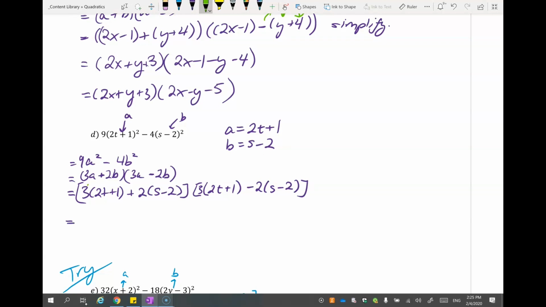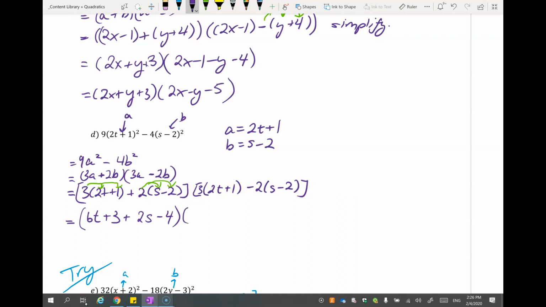We're going to multiply this 3 with the 2t and with the 1. And this 2 with the s, and that 2 with the -2, and so on. So we're going to have 6t, that's 3 times 2t is 6t, and then 3 times 1 is 3. We have 2 times s, which is 2s, and then 2 times -2 is -4.